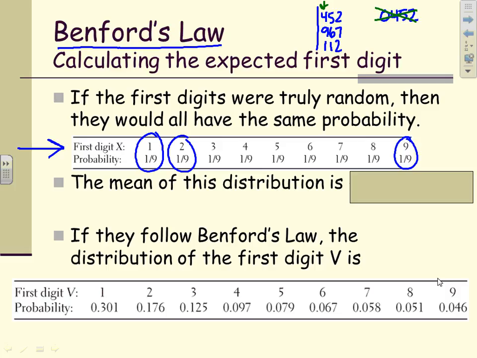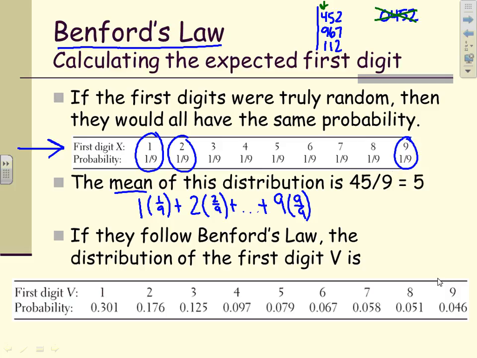Now, if we were to find the mean of that distribution, that'll just be 1 times 1/9 plus 2 times 1/9 plus all the way up to 9 times 1/9. And you could do that pretty quickly and figure out that the mean is going to be 5.